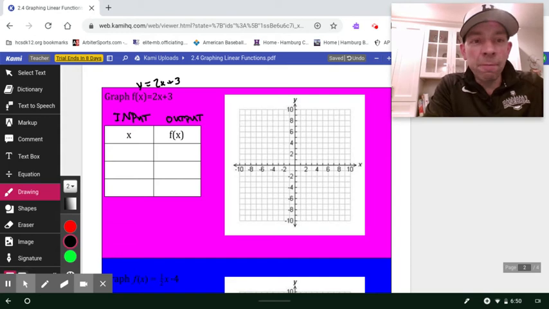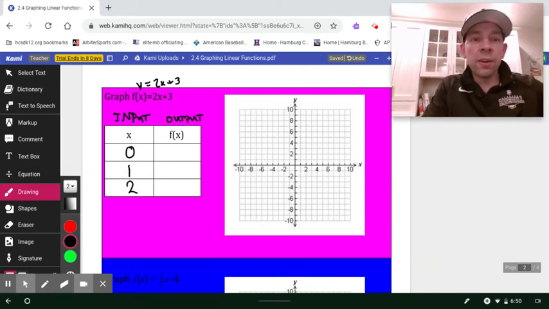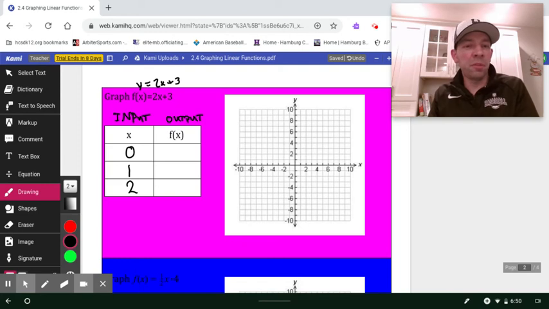Now, you have the freedom to pick any input values you want. And I'm going to pick what I think are the three easiest, simplest ones. I'm going to go 0, 1, and 2. Now, you don't have to pick the same three that I picked. You have the freedom to pick any three numbers you want. I just think that those are the three easiest to calculate.